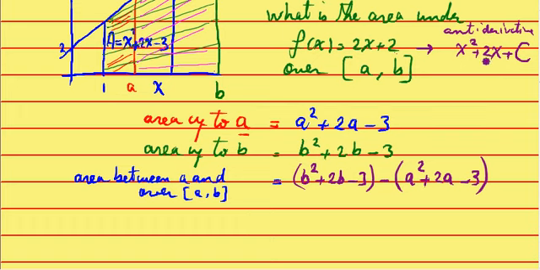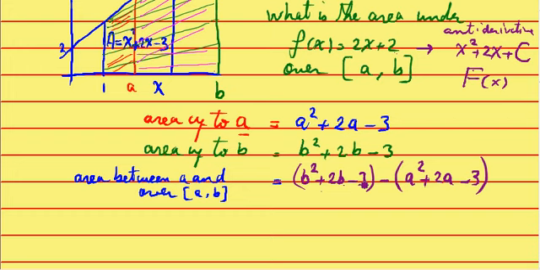What does this have to do with the antiderivative? Let's consider this. You remember for antiderivative we used to use the capital F. This is that some antiderivative calculated at b, and this is that same antiderivative calculated at a. Now you might object that my antiderivative here was using some arbitrary constant c.